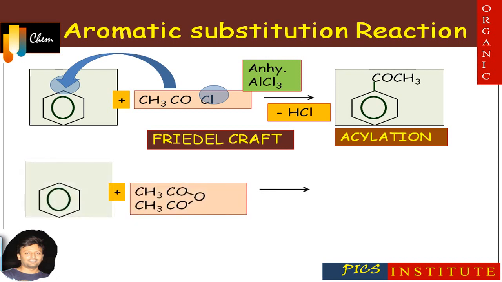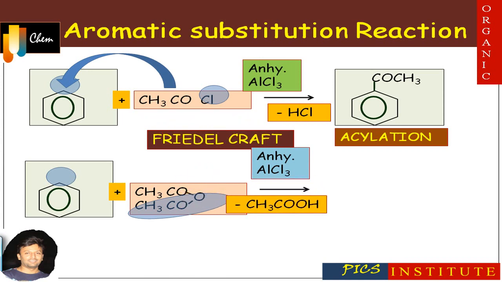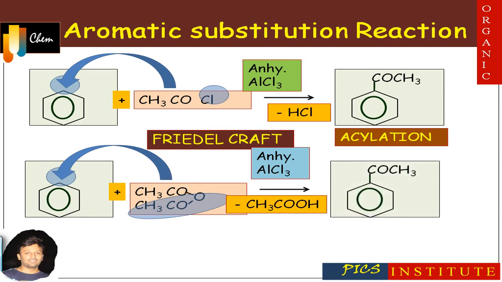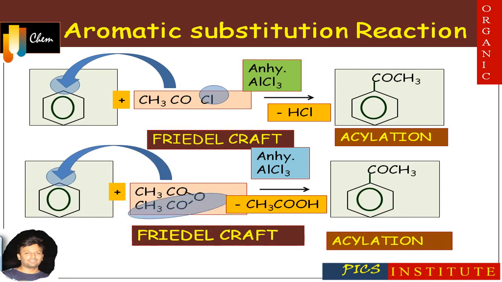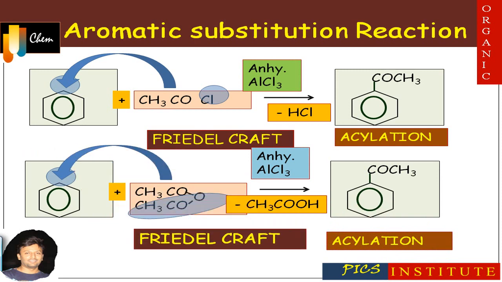Acylation reaction can be shown with the help of acid anhydride, benzene with acetic anhydride. Splittings are hydrogen from benzene and acetate part from the adding reactant. Splitting off acetic acid, the remaining part on the benzene ring, hence we get acetophenone. Again the reaction is acylation or acetylation and is also called Friedel-Crafts acylation or Friedel-Crafts acetylation.